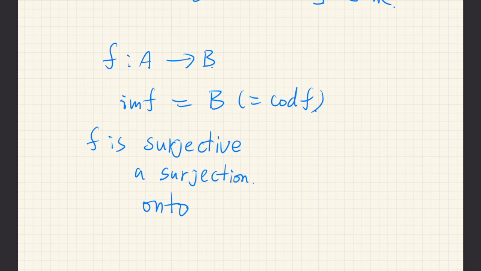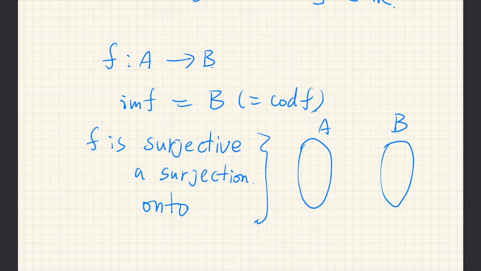There are three ways to call it, but what this means is clear. If we have two sets A and B, by this map or function f, the image covers the entire codomain. That's a surjective map, or surjection, or onto map.